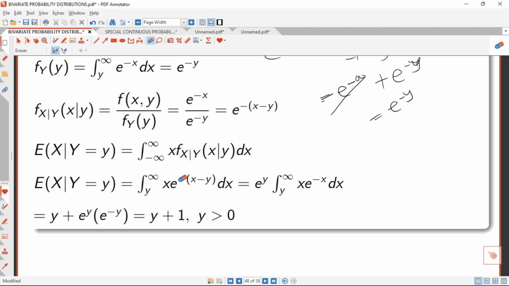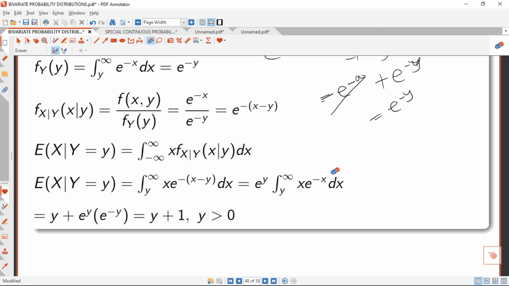So here we multiply through by negative 1, and then we get e raised to the power negative x plus e raised to the power y, and then we can just move e raised to the power y out, and integrate the function x times e raised to the power negative x with respect to x.